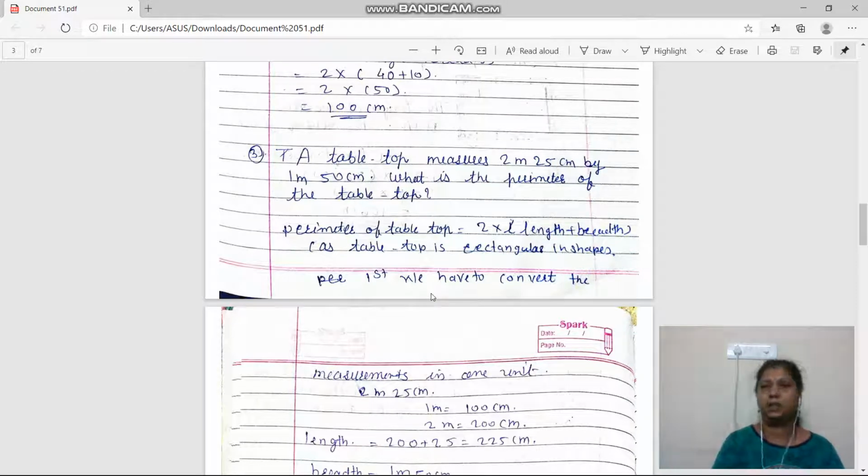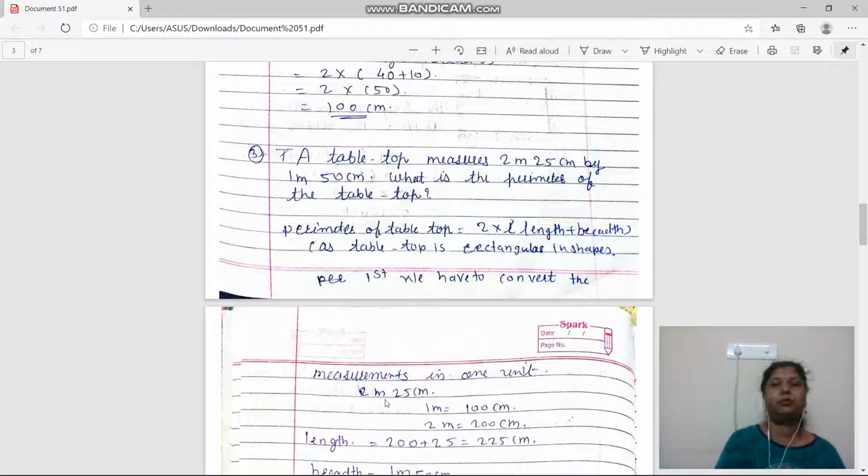Now just see both the measurements, length and breadth. Length is 2 meter 25 centimeter and breadth is 1 meter 50 centimeter. Both are different now. So first we have to convert the measurements in one unit.